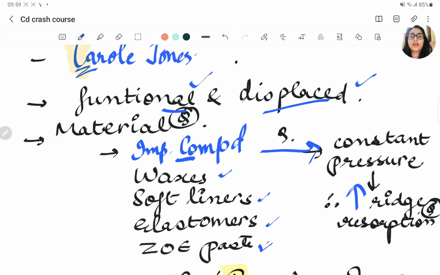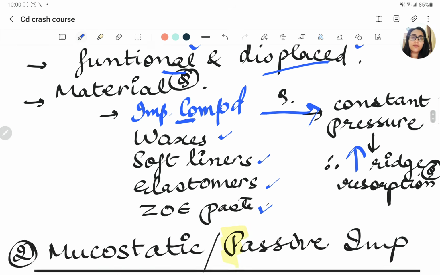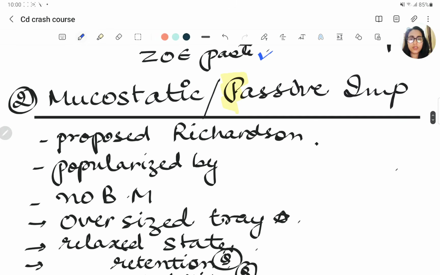If you make a complete denture on this impression compound, a completely displaced or mucocompressive technique, without taking a secondary impression, there will be increased resorption of the ridges of the patient, because you're constantly putting pressure.